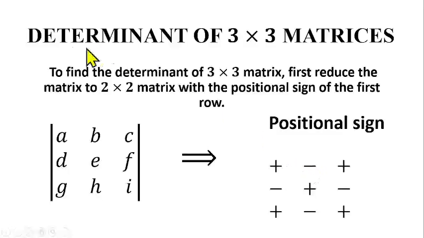But for the determinant of a 3 by 3 matrix, we need the positional signs of the first row, and we will now reduce this 3 by 3 matrix to a 2 by 2 matrix. So let's see how we do that. We have this 3 by 3 matrix and we have to find its determinant. I said we are going to use the positional signs of the first row.